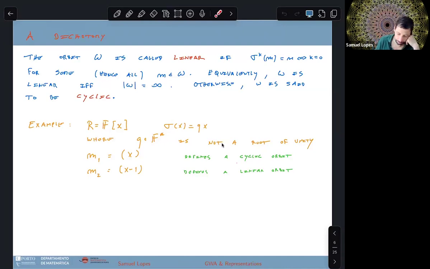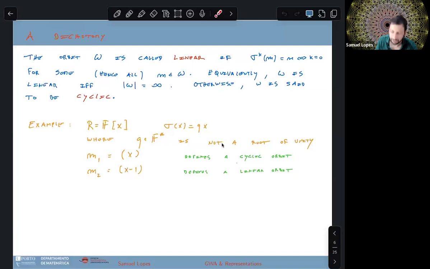So there's an example here. Take polynomials in one variable, and let your automorphism send x to q times x, where I'm assuming q is not a root of unity. If I consider the maximal ideal generated by x, then when I act by sigma, I'm changing x into q times x, but q is a non-zero scalar, so it's the same ideal. So this ideal stays invariant under sigma. This is an example of a cyclic orbit of order 1.